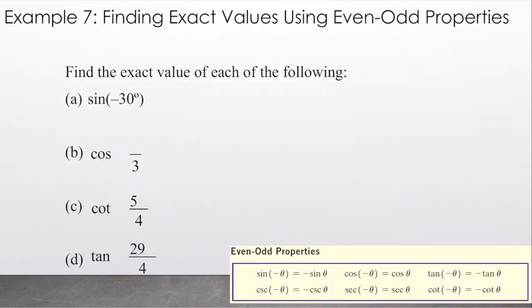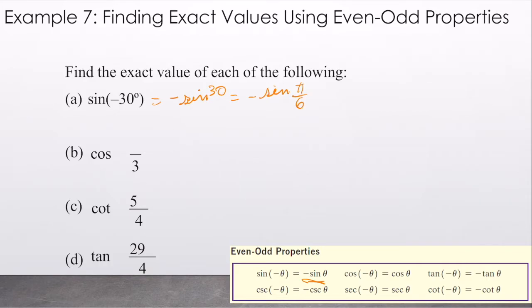What if I want to know the sine of negative 30 degrees? Because sine is odd, that's going to be negative sine of 30, which is negative sine of pi over 6.